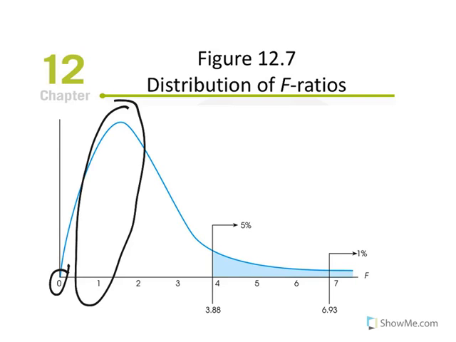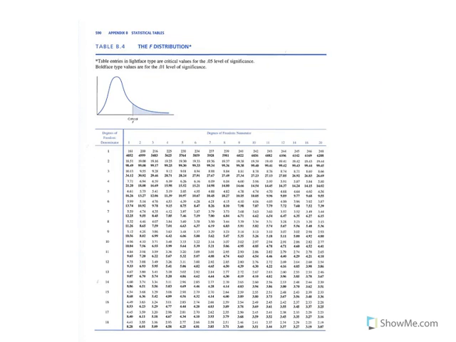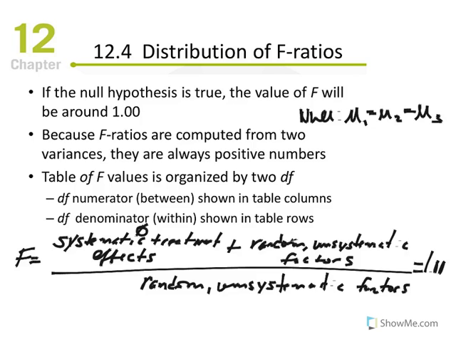We should note that the exact shape of the F distribution depends on the degrees of freedom for the two variances in the ratio. And in fact, based on the information in this previous slide, we will learn that the table of F values is organized by two DF values.